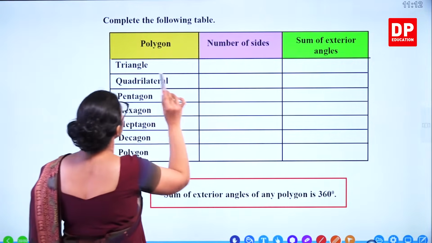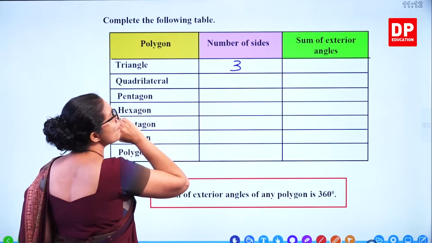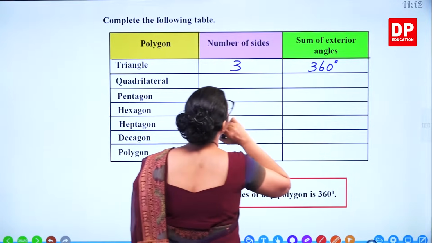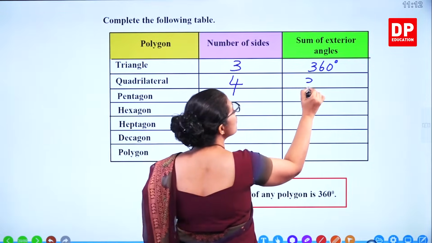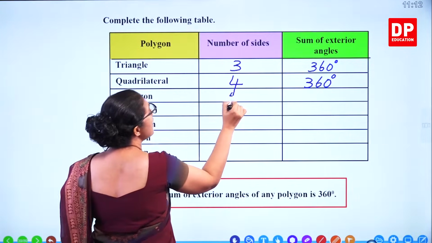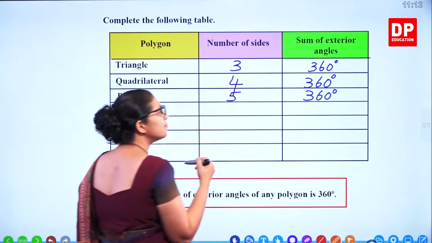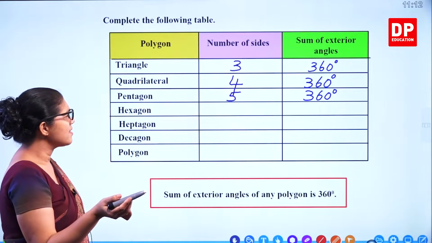Triangle, number of sides 3, sum of exterior angles 360. Quadrilateral, 4, that's also 360. Pentagon, 5, we found 360. So for any number of sides you get 360 degrees.